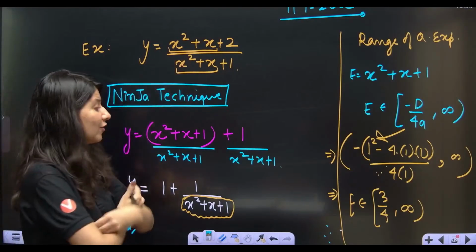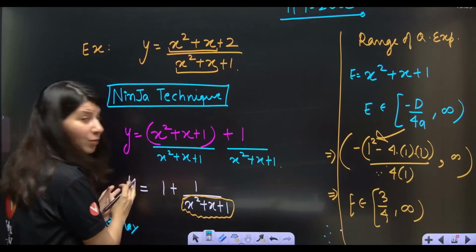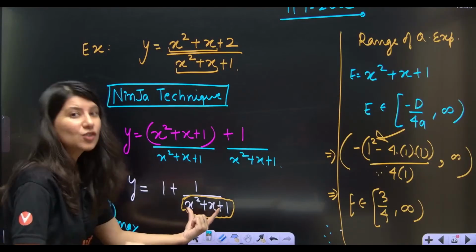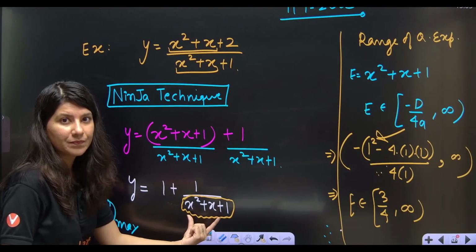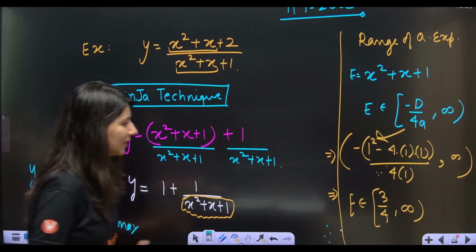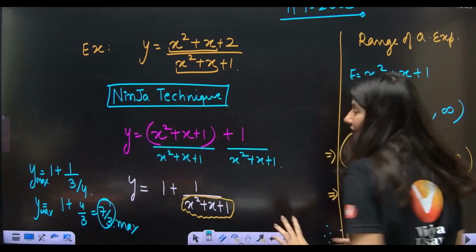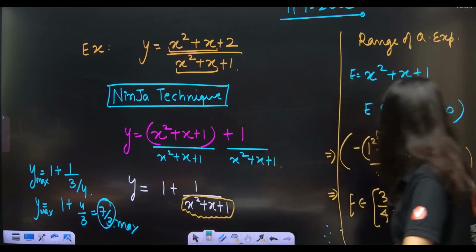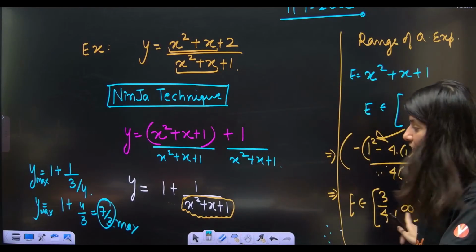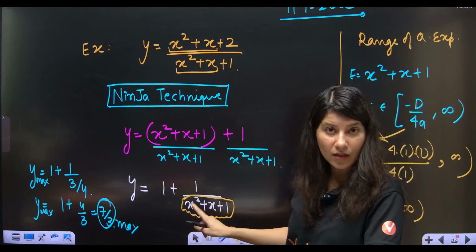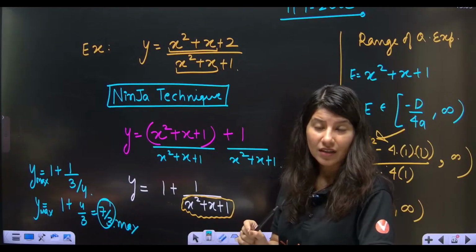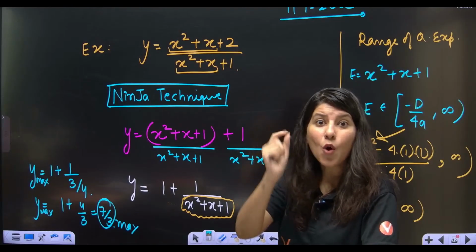7 by 3 is going to be the max value. Now you're looking for the minimum value. For y to be minimum, your x square plus x plus 1 has to be maximum. If you put infinity, by the way, you can't put infinity because it is an open interval. Even if you put infinity, whatever value you get in place of y will be an open interval.